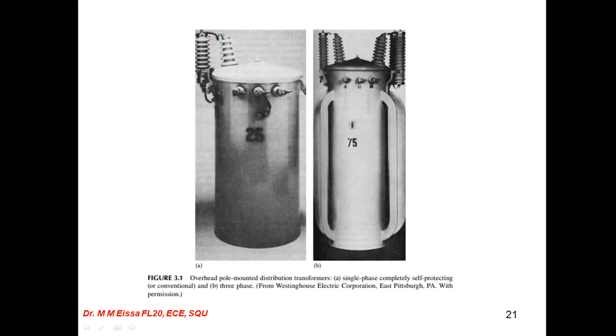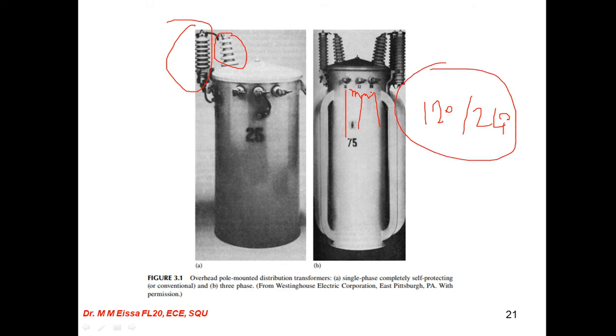As shown in the figures, this is the main bushing, this is the lightning arrestor. This is a transformer with two windings, and as we mentioned, there are many connections like 120, 240, so we can make many connections inside. Here this is the bushing, and this is the lightning arrestor, for protecting.